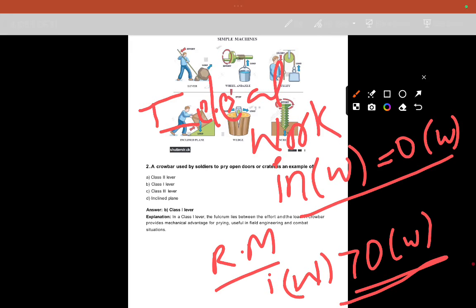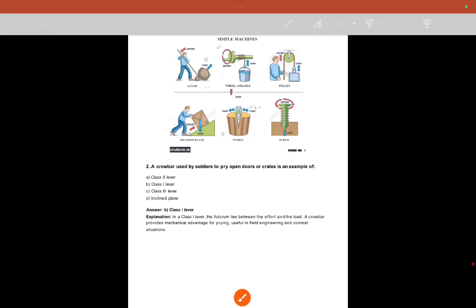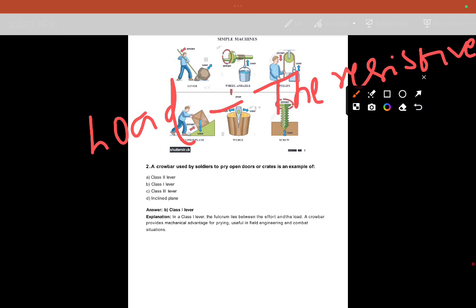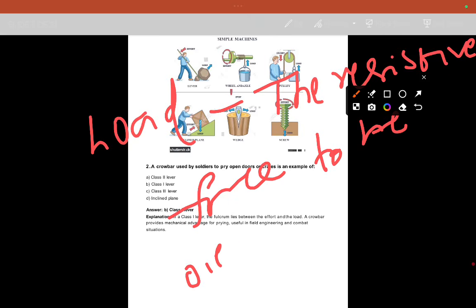Related to this topic, a few terms we need to recall. One is called load. What is called load? The resistive force to be overcome by the machine.